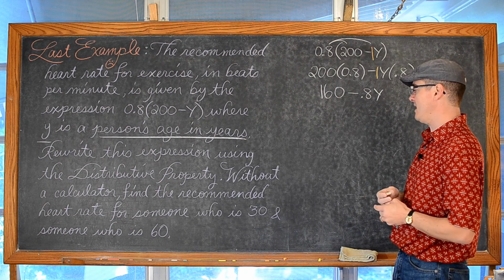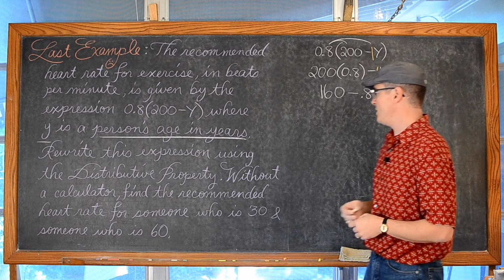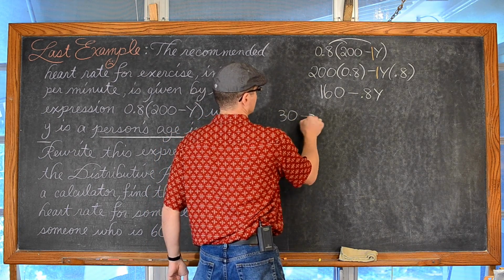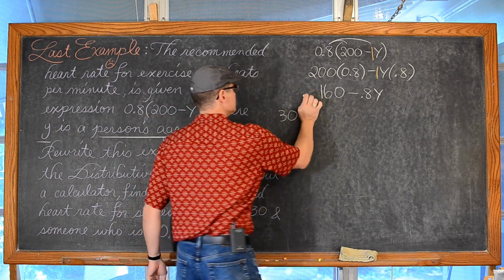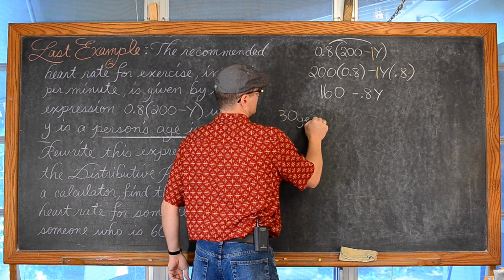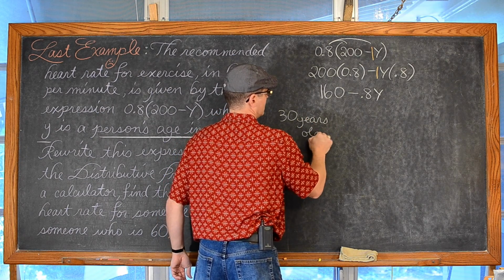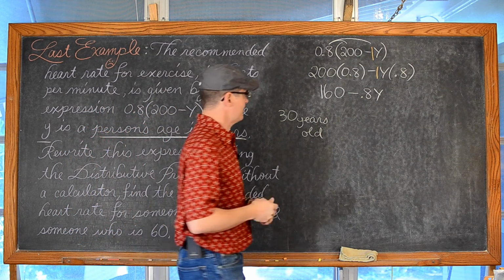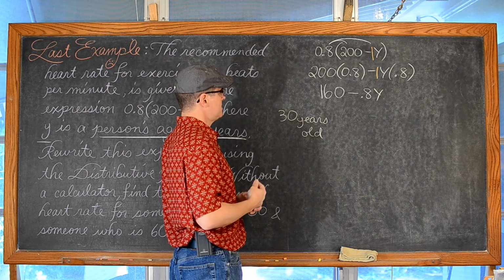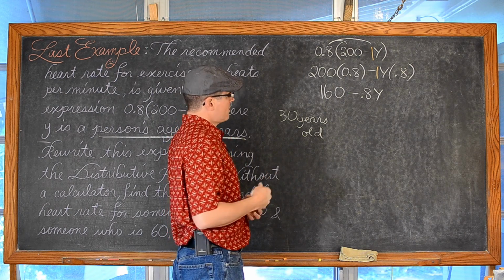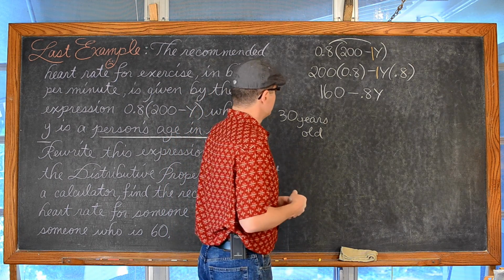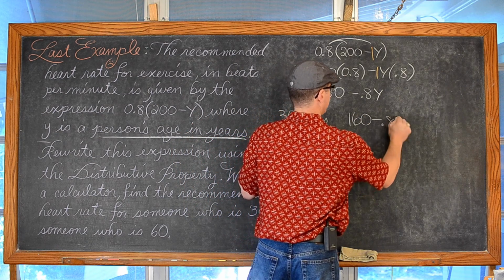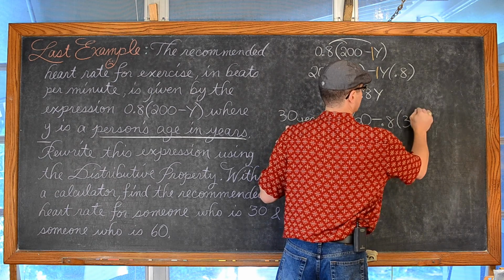We want to find the recommended heartbeat for someone who is 30. All right, well, if they're 30 years old, let's put that unit measure there. Okay, so for someone exercising, not resting heartbeat, that should be around 60, 70 beats per minute. But if they're exercising, the recommended heart rate, to build cardiovascular fitness and whatnot, is going to be 160 minus 0.8 times 30.